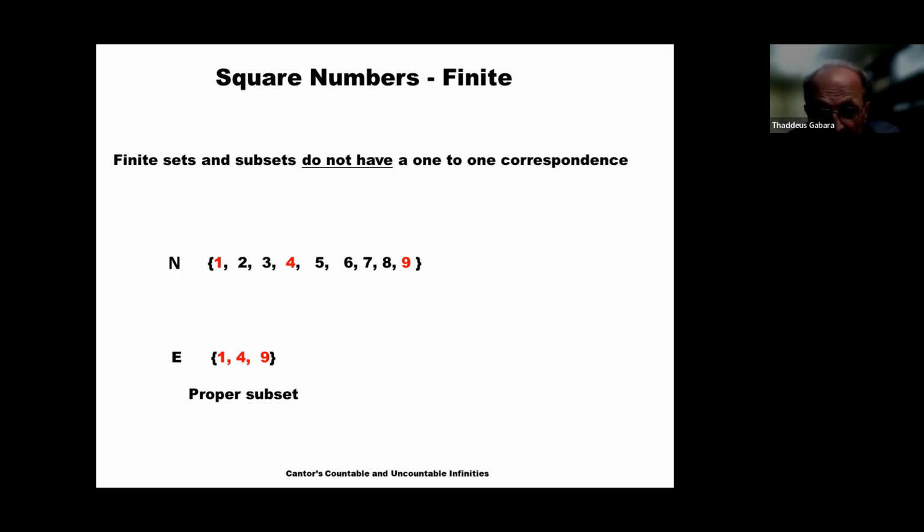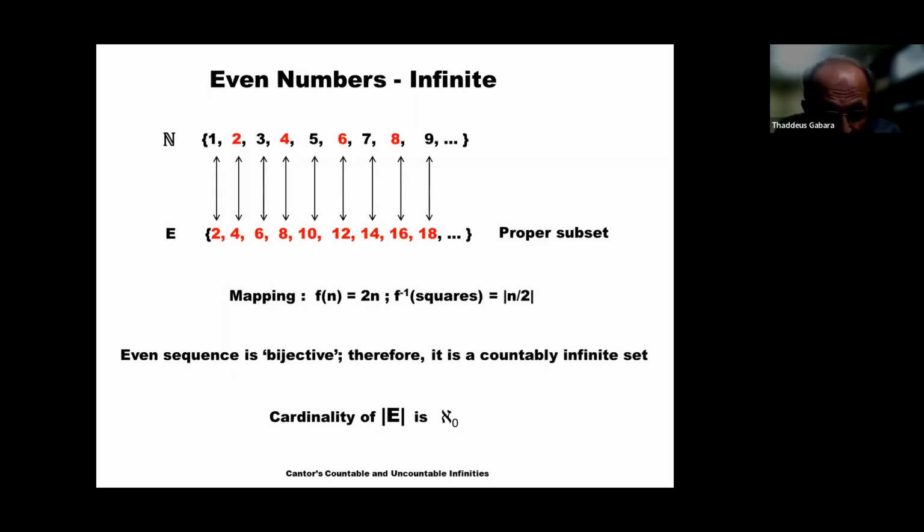But if we go to an infinite set, like even numbers that go on for infinity, and if you think about it, the even numbers are half of the natural numbers. Yet we can arrange in the even set, which is here, the numbers 2, 4, 6, 8. We arrange them this way particularly because we make sure that we get every even number.